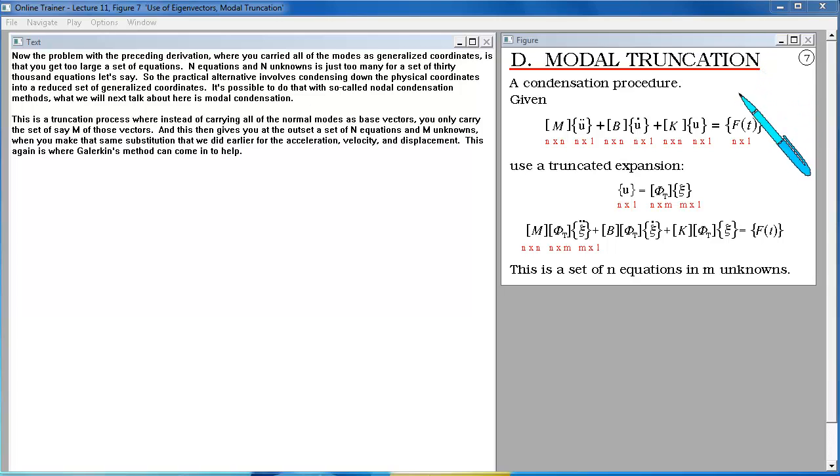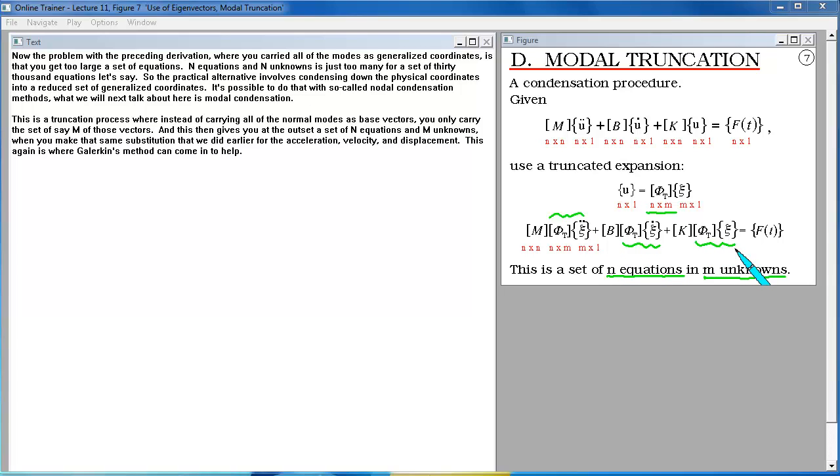This is a truncation process where instead of carrying all of the normal modes as base vectors, you only carry a set of, say, m of those vectors. And this then gives you, at the outset, a set of n equations in m unknowns when you make that same substitution that we did earlier for the acceleration, velocity, and displacement.